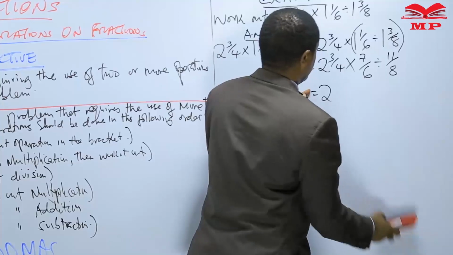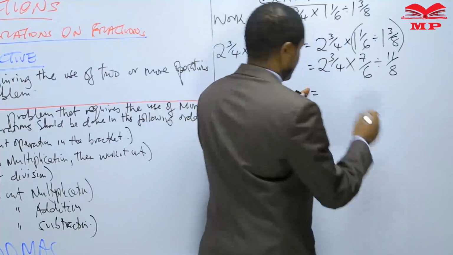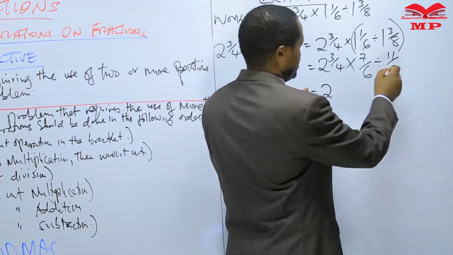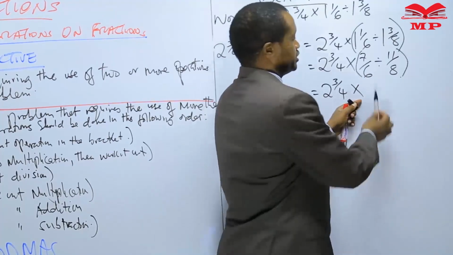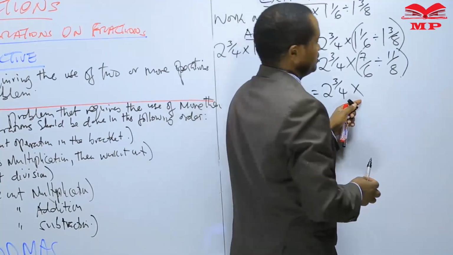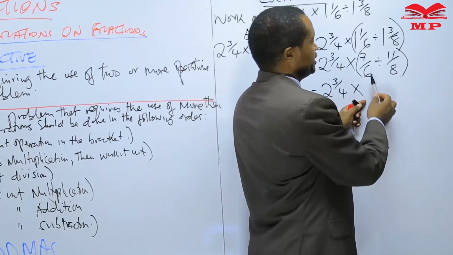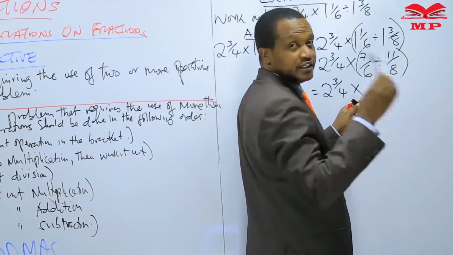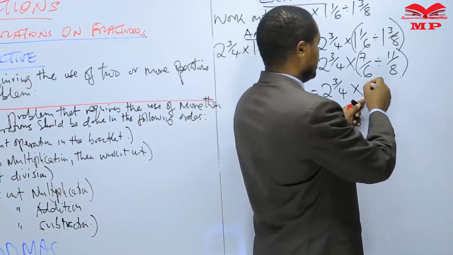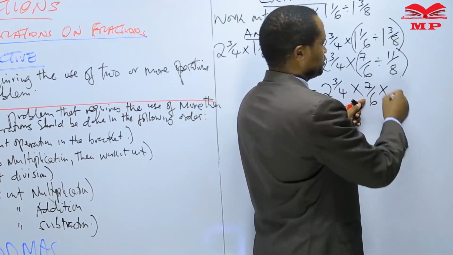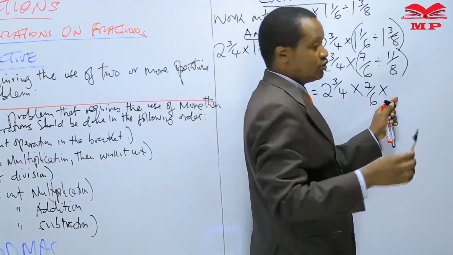You can still convert this into improper fraction, or we can just work it out first. Work this one out first. In our previous lessons, we mentioned that when dividing fractions, we multiply the dividend by the reciprocal of the divisor. This is our divisor, 11/8.